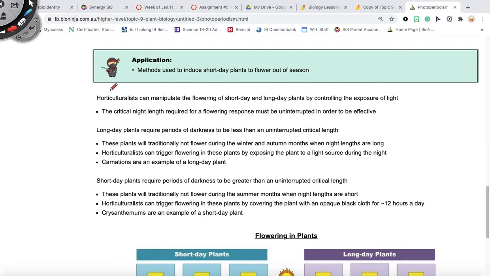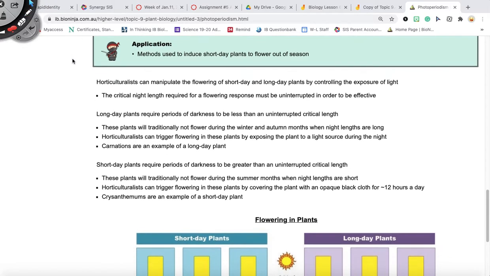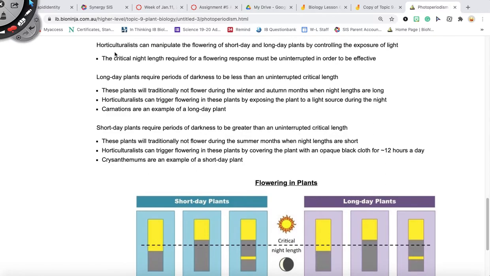So let's look at them. Horticulturalists can manipulate the flowering of short day and long day plants by controlling their exposure to light. So remember that it's all about the critical night length. Okay? It's all about that critical night length.